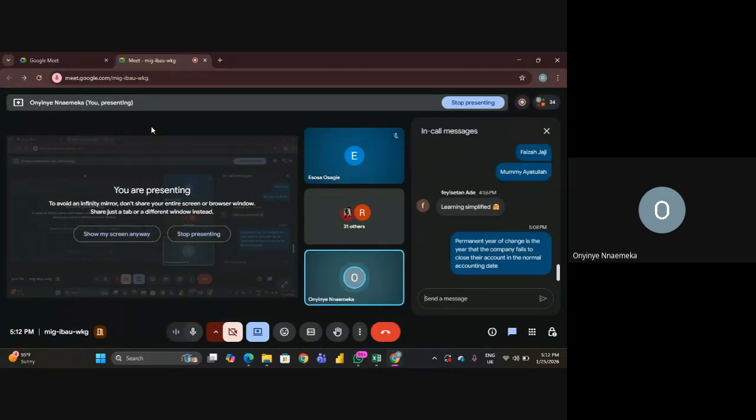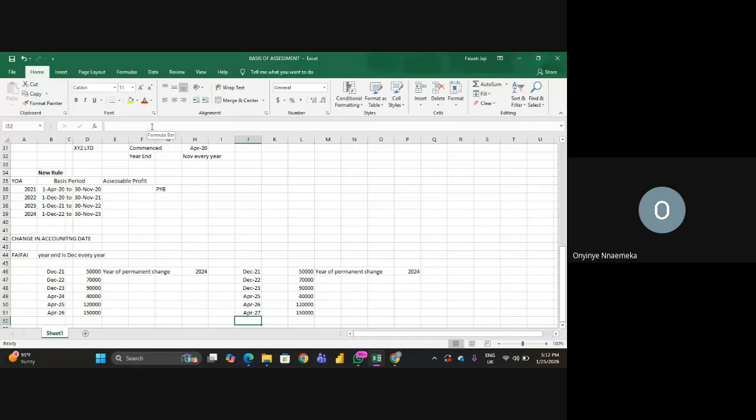You guys are tax professionals, don't forget. I'm saying that the rule is that the year of permanent change is the year in which the company fails to use their normal accounting period. We have made this example and come to the fact that 2024 is the year of permanent change. Now, this year is not April 2024, but April 2025. So what is the year of permanent change in this particular scenario?